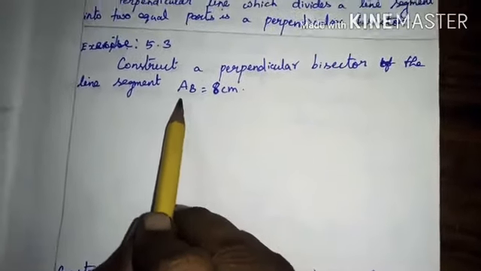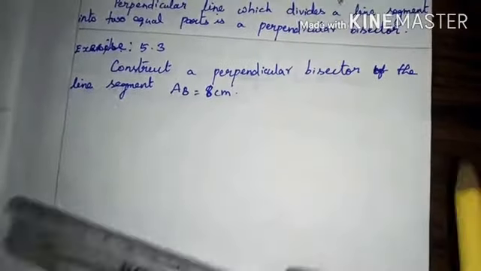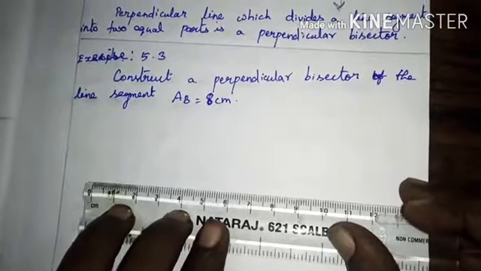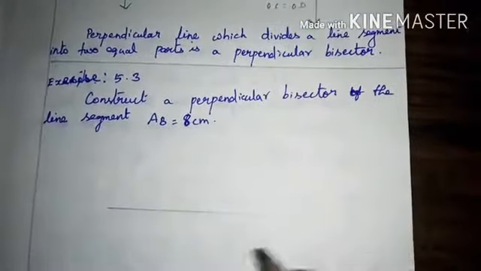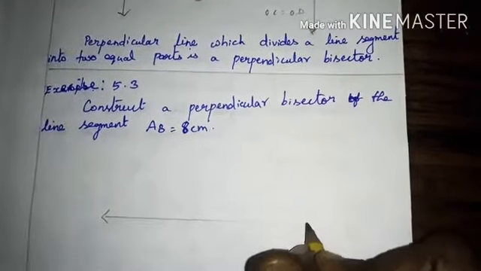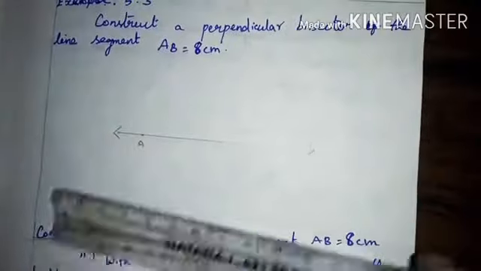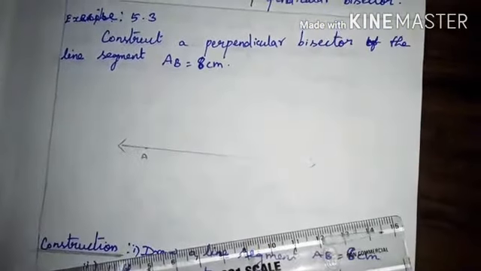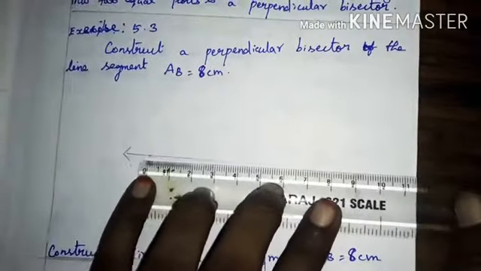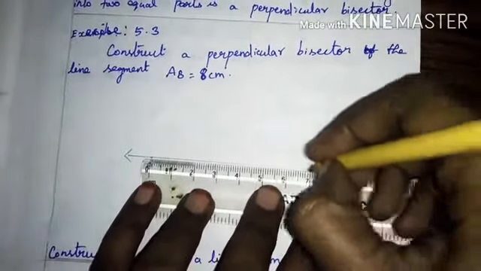The first sum is given as AB equal to 8 cm. For that, first you have to draw the line and mark the point A. From this point, you have to measure 8 cm, from 0 to 8.